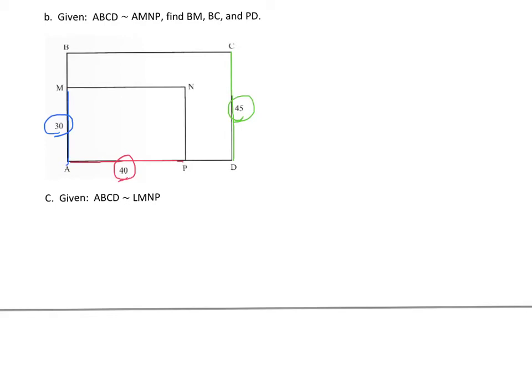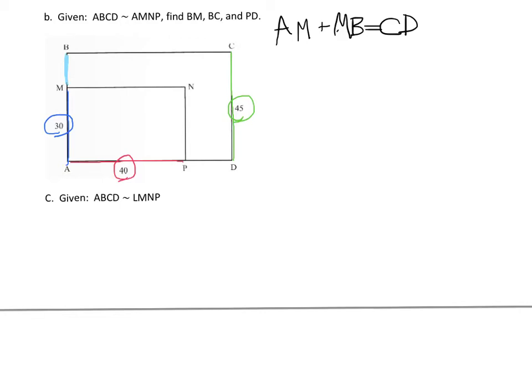So I'm starting, it wants me to find BM, which is this little piece right here. Well, for this, instead of using any proportions, I'm really just going to use parts to whole to my advantage. So I know that AM plus MB should equal the whole thing, which is the same as CD.